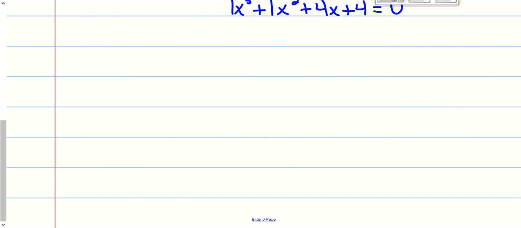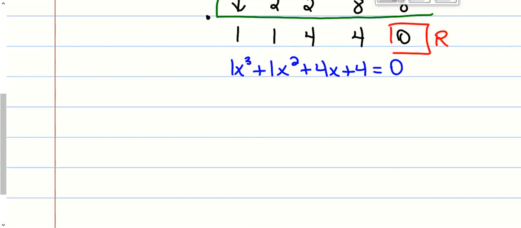It's an understood one. So now, if we have 4 terms, the way we're going to factor that, remember, we're going to put them in grouping. When I group these, I'm going to drop those understood ones. So we have x cubed plus x squared plus 4x plus 4 equals 0. Now, looking at the first set, what do the 2 terms in this first set of parentheses have in common?